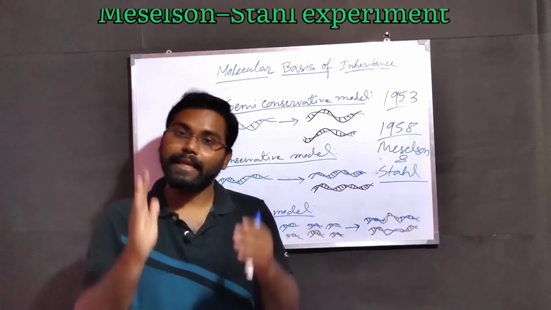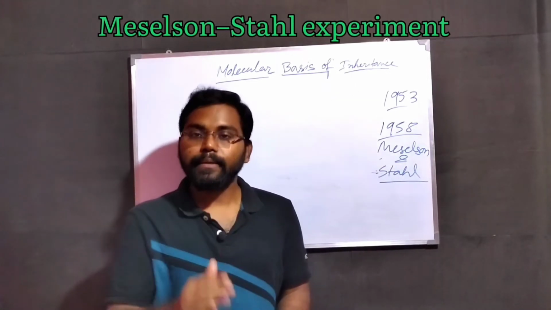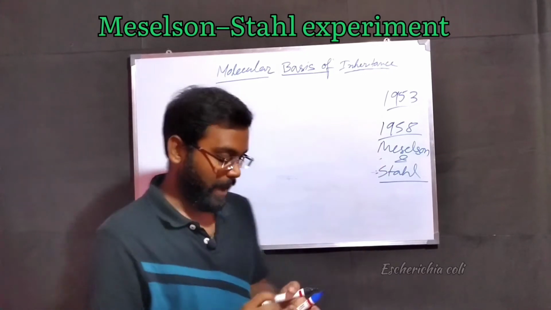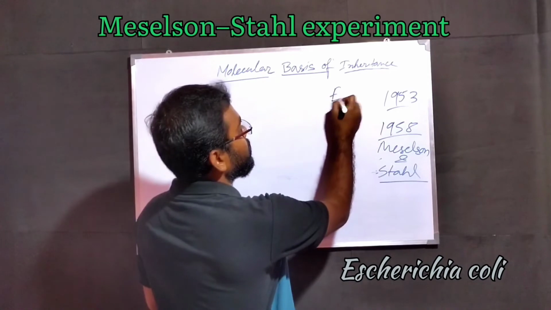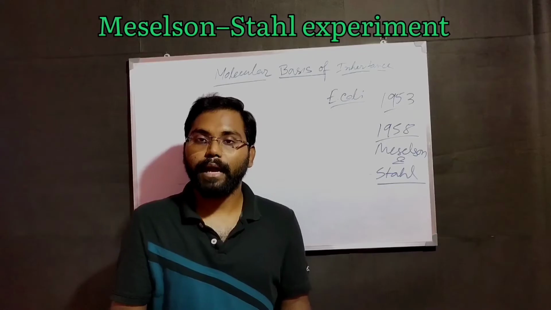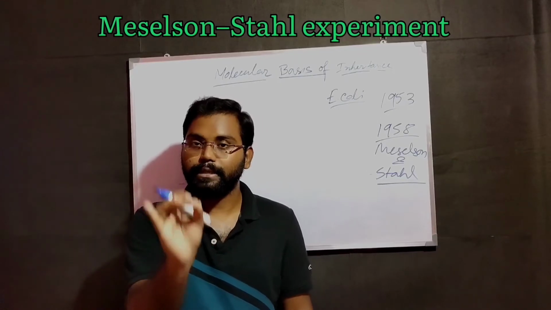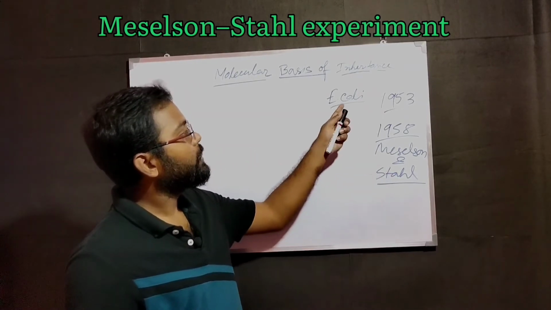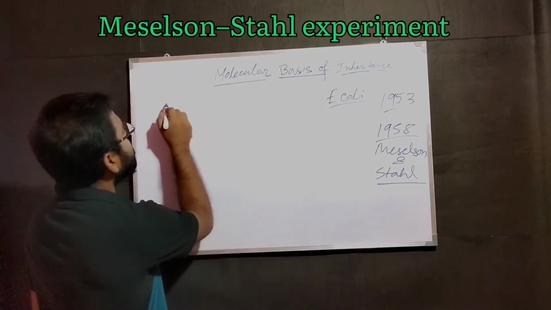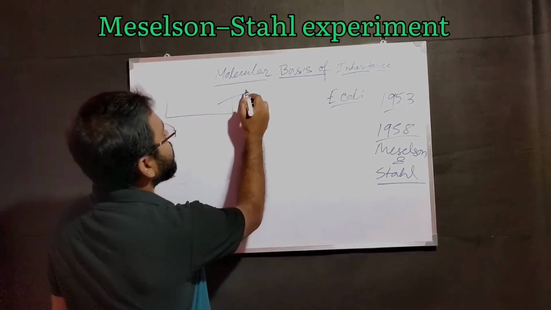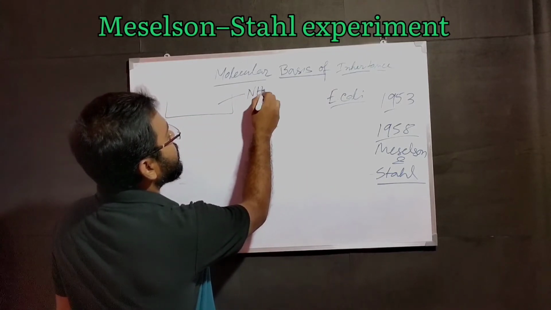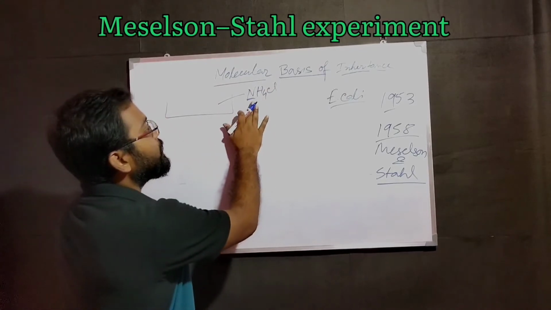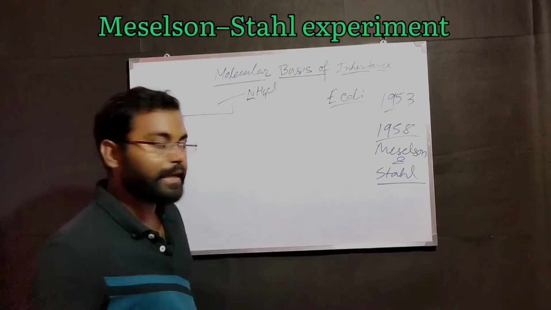Now we will discuss their experiment. In their experiment, Meselson and Stahl used E. coli bacteria. As the DNA has nitrogen in its base, Meselson and Stahl grew this E. coli in a medium containing ammonium chloride, and this N is the source of the nitrogen of this DNA.